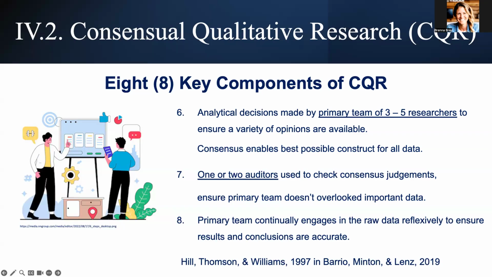And again, that piece also, we do see this in reflexive thematic analysis where there's reflexive engagement with the data, certainly, and even if there's 1 or 2 researchers involved. But again, more broadly, so consensual research is really research that includes a team of 3 to 5 researchers.